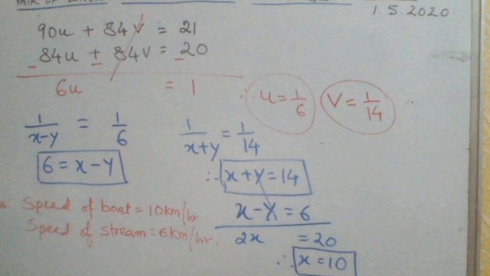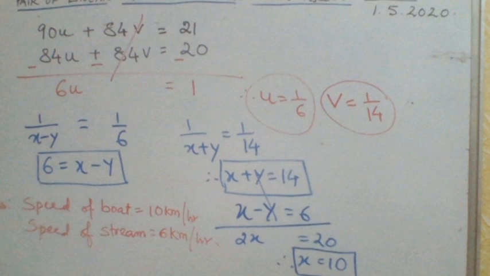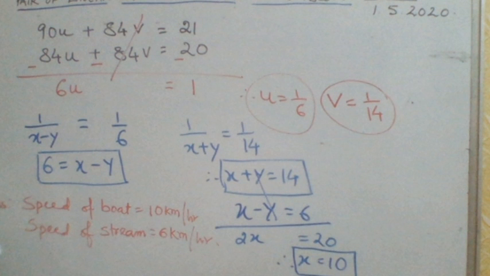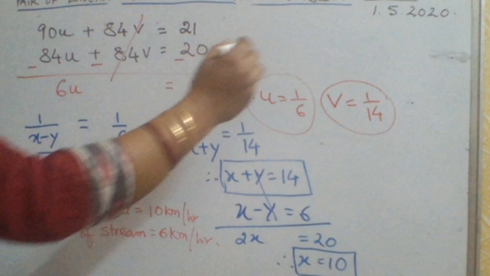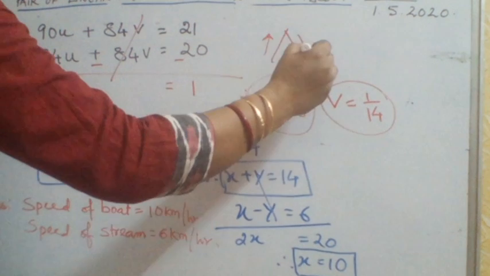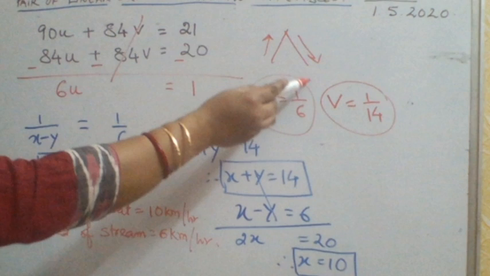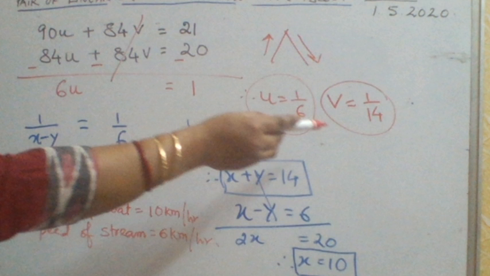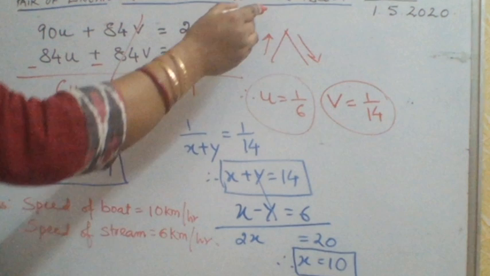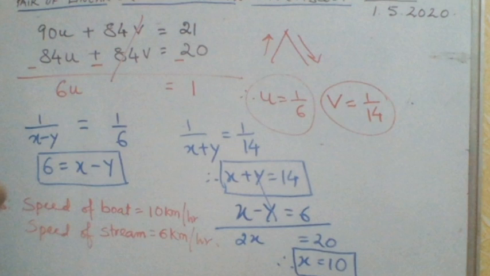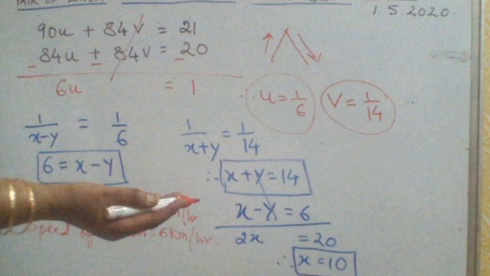Why are they called upstream and downstream? Downstream means coming down the hill. This is upstream, going up, and coming down, this is downstream. Here the speed increases. Both things are in the same direction, that is, you are moving in the direction of gravity. So speed increases. It is the same in the case of a stream.